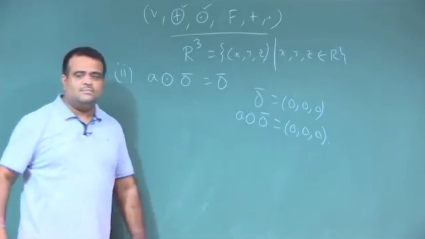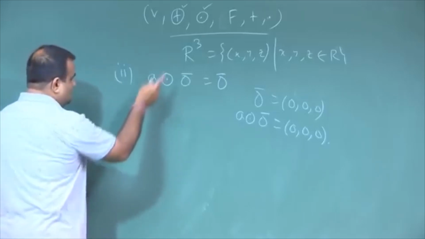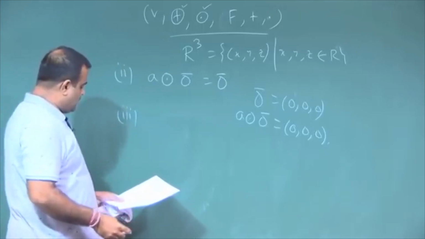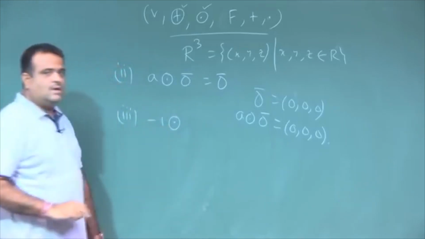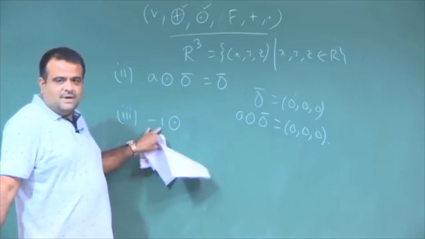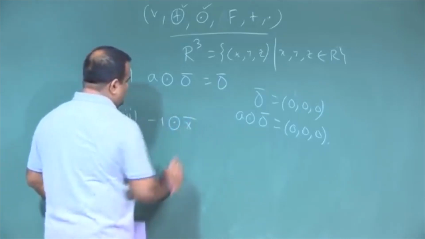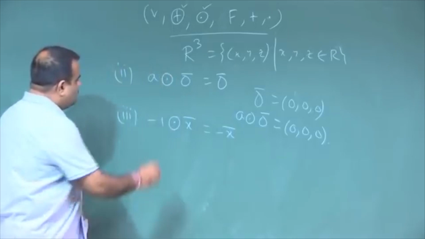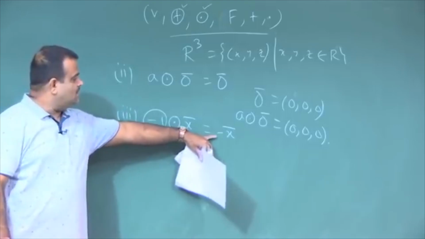This is simple, but again we can formally prove it for the general vector space like we did in the last class. Another property is that minus 1, times x bar, equals minus of x bar, the additive inverse. So if you multiply with minus 1 using scalar multiplication, this will give us minus of x bar.